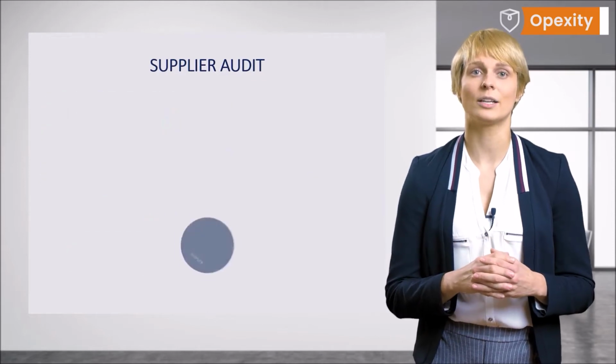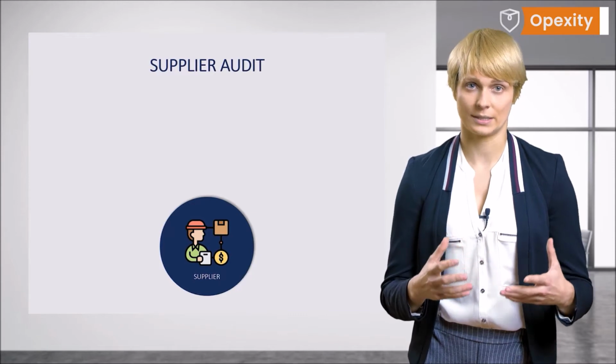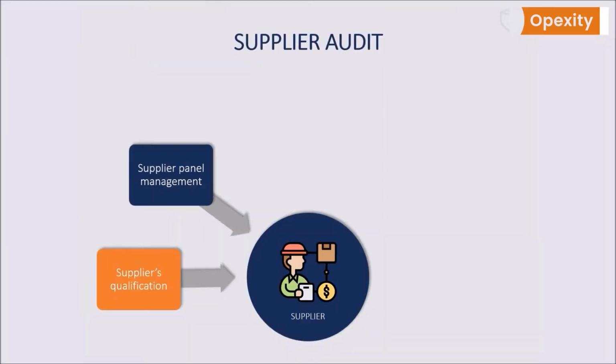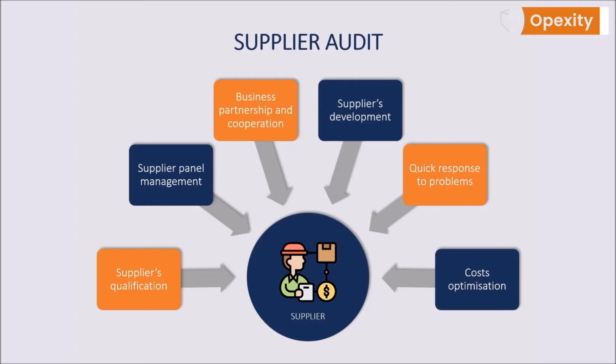Therefore, the supplier audit will affect the following areas of the customer's and supplier's business activity: supplier's qualification, supplier's panel management, cooperation between the customer and the supplier, supplier development, quick response to incurred problems, supply manufacturing costs.